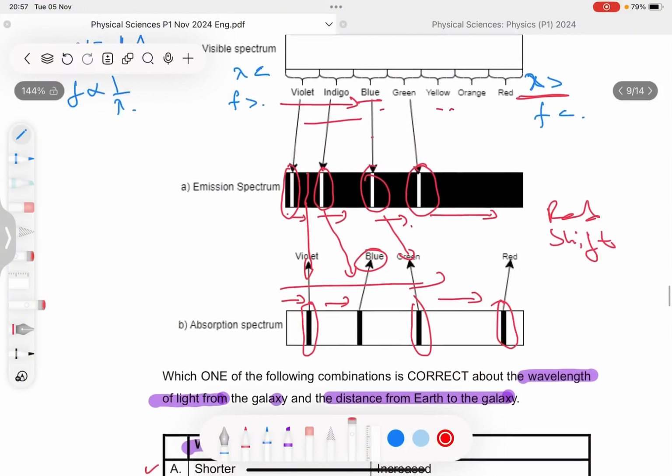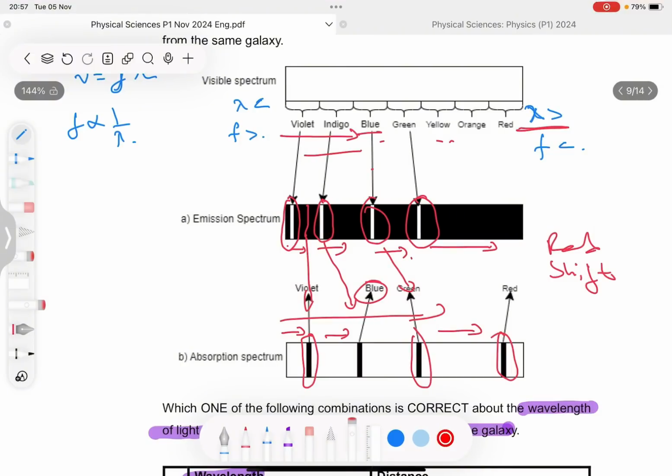Now what can we say about the distance from Earth to the galaxy? How do you come about the distance? Remember that if you study the Doppler effect, we will tell you that if you have a high frequency, it means the source is going towards the listener, or the listener is going towards the source. They're getting closer to each other. The same is true when we study light.